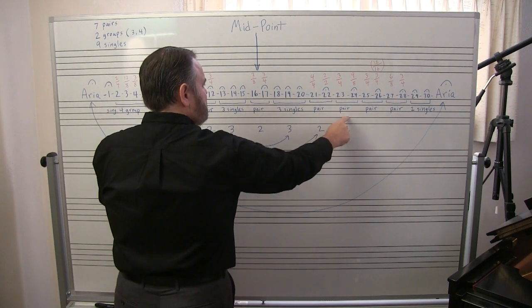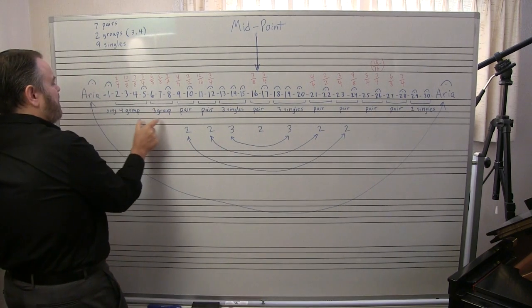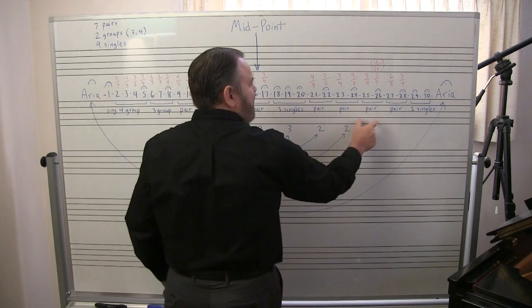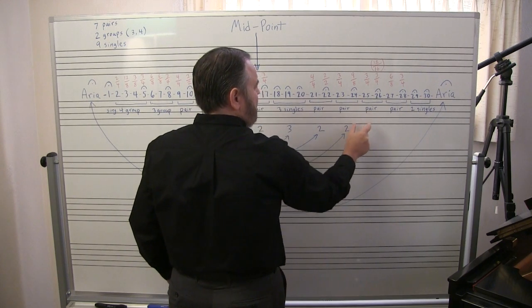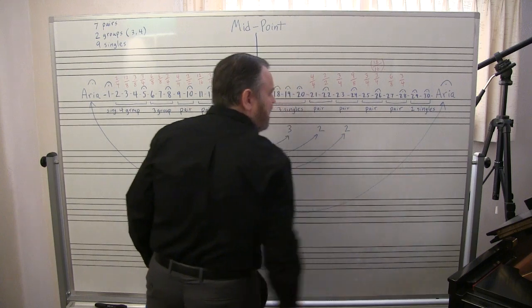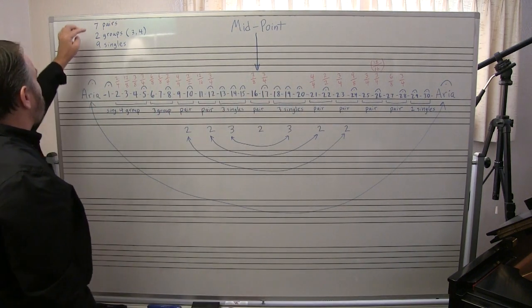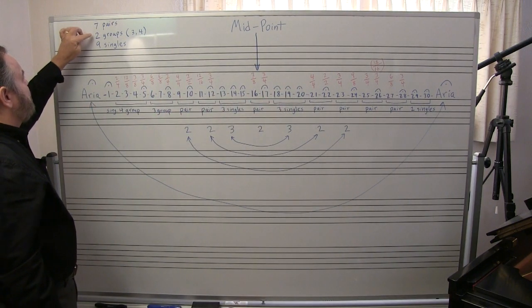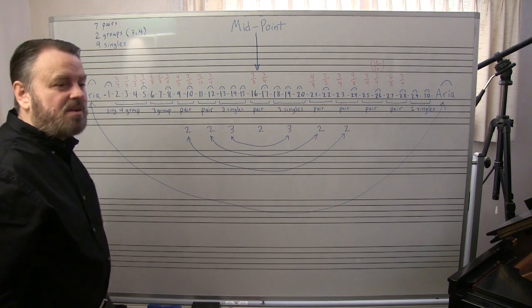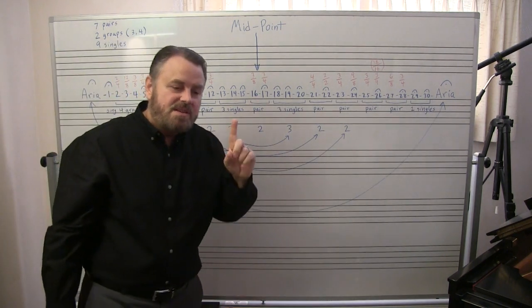Then moving outwards, you have a group of 3 and a group of 4. And then here, moving outwards, you have another pair here and another pair here, 2 singles, and then the end. So in all, you have 7 pairs, 2 groups, 1 group of 3, 1 group of 4, and you have 9 singles. What does this mean?